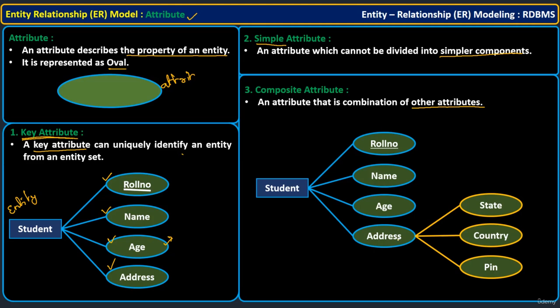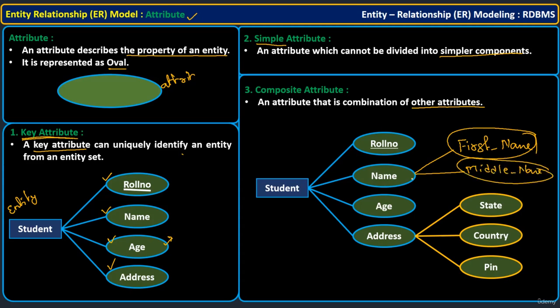That is a composite attribute. Or take name: first name will be there, middle name, and last name. Further division is possible here. So name is a composite attribute, and address is a composite attribute.